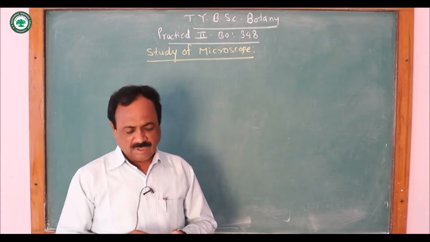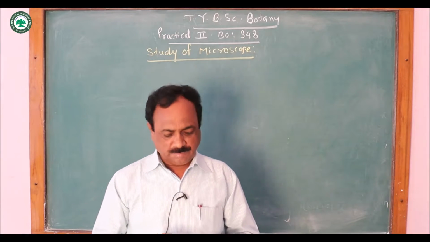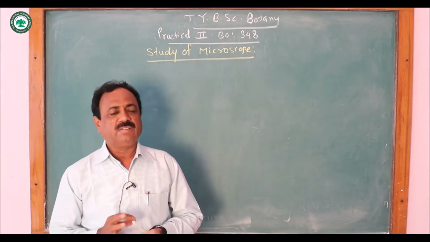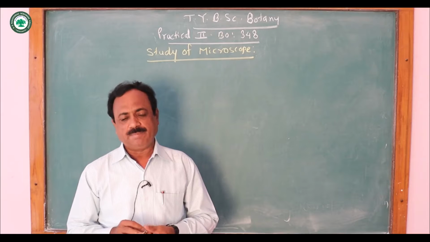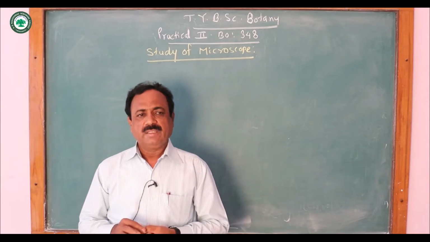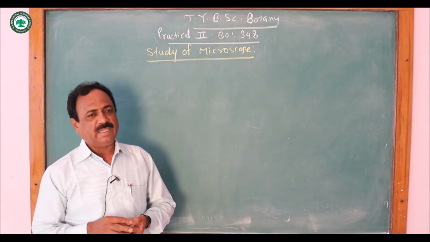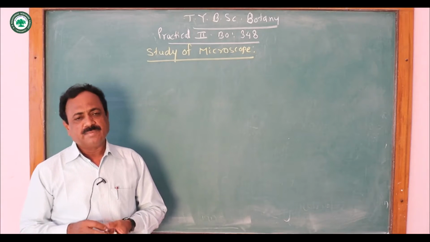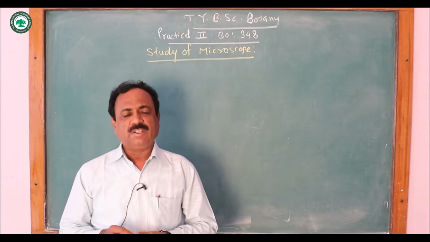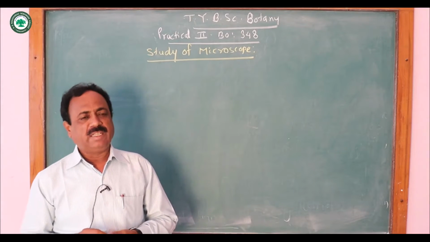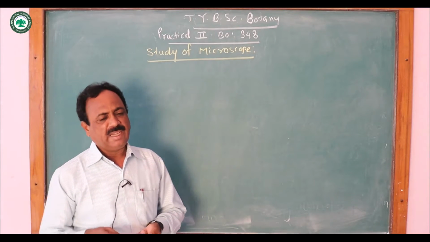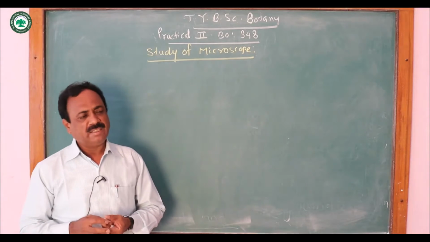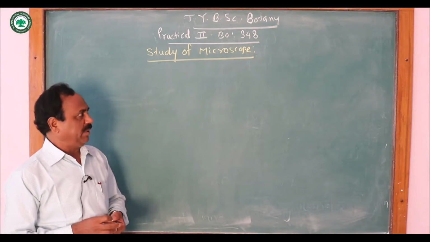There are 4 sub-parts of this paper. Out of that, one is Spermatophyta and Paleobotany. In Spermatophyta, we have to study the gymnosperms, the life cycle of Pinus, the life cycle of Gnetum, and some plant families and some fossil specimens.